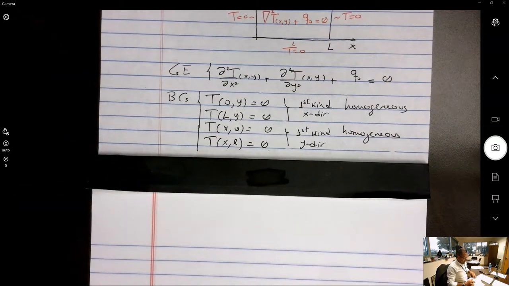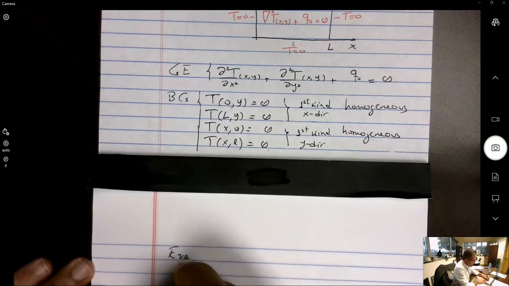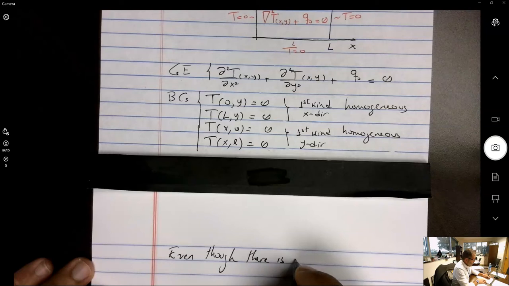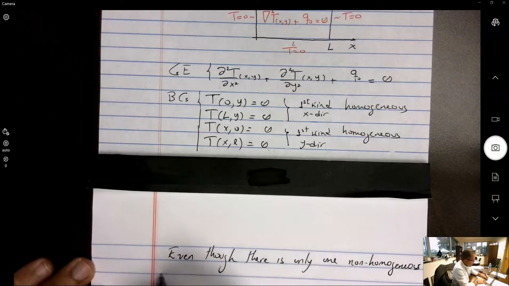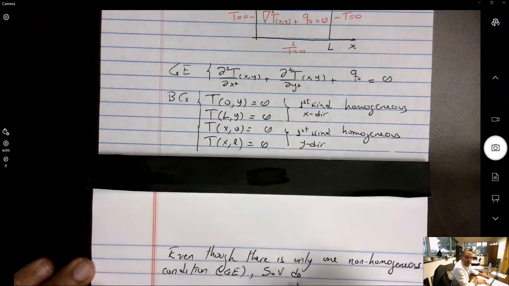So the way this works is, even though there is only one non-homogeneous condition, in this case it's not a condition, it's the governing equation, SOV does not apply directly.